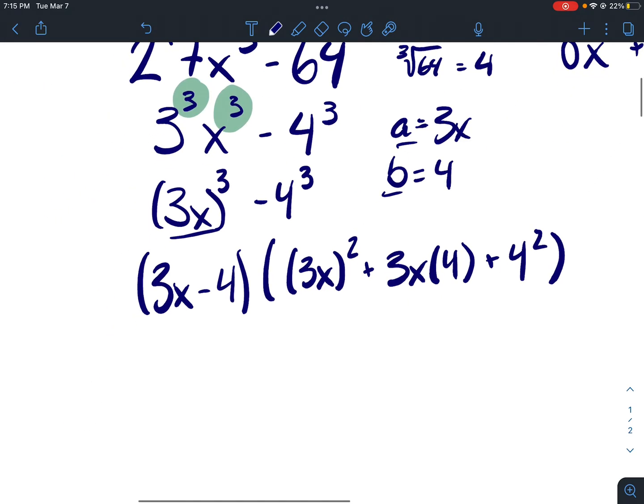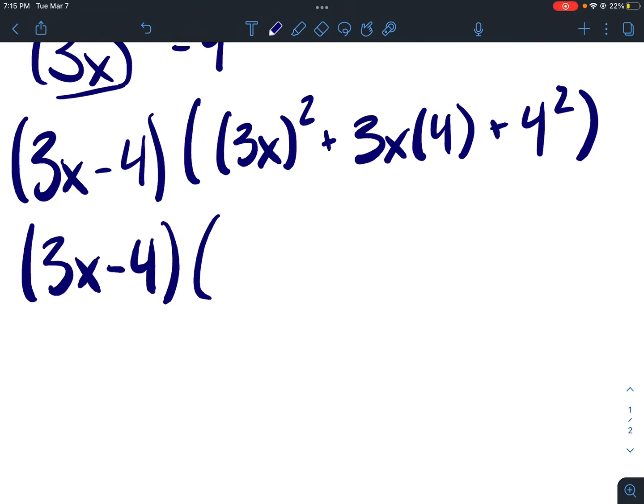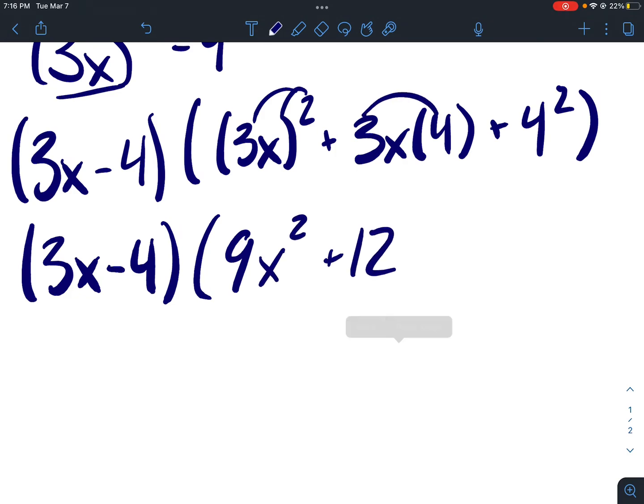I'm going to take another step just to rewrite everything in the simplest form. This square is going to get distributed, so I'm left with a 9, because that's the same thing as 3 squared, then an x squared. 3 times 4 is 12, so that's 12x. Then 4 squared is 16. Going to end that off with some parentheses, and we're good to go.